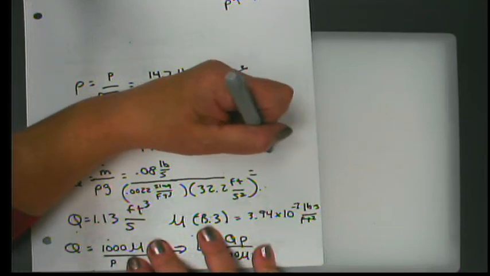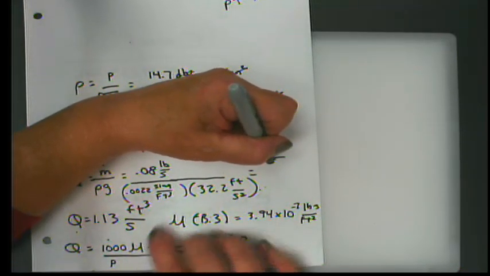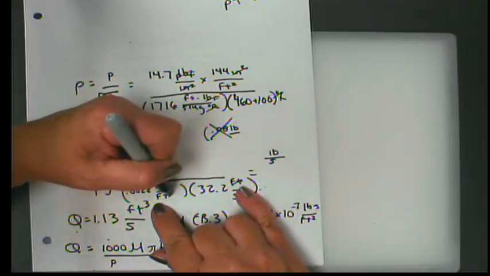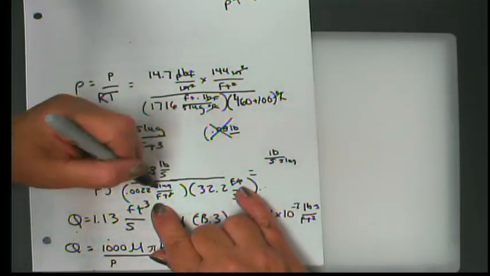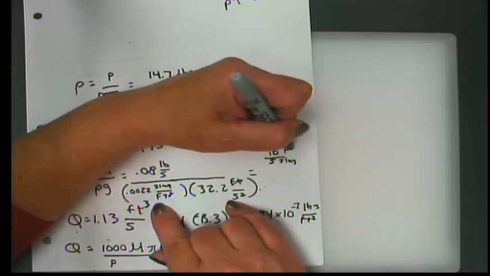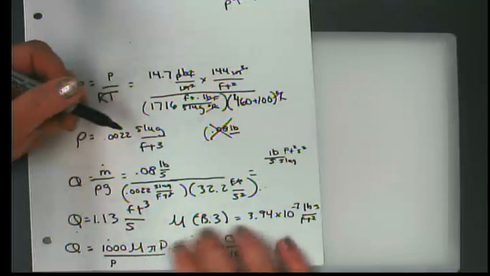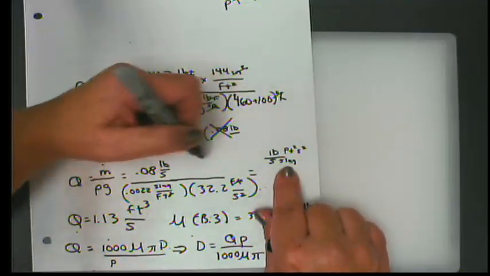So if I take a pound per second, and down here, this foot cancels this, I get slug in the bottom, and then I have feet squared, which flips up to the top, and second squared, which flips up to the top as well. All right, I don't really know about this, but let's talk about my slug.